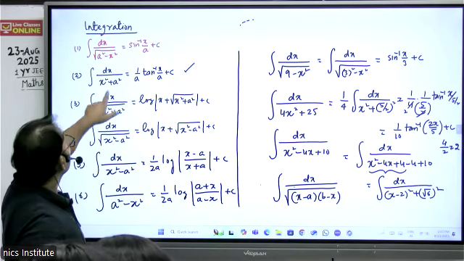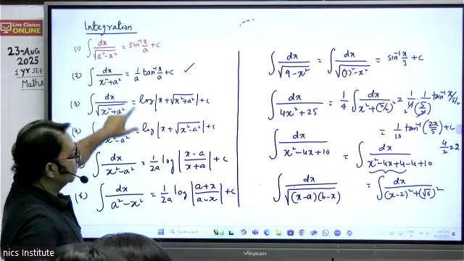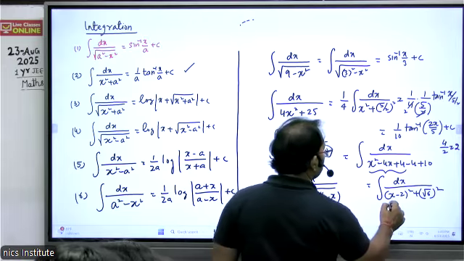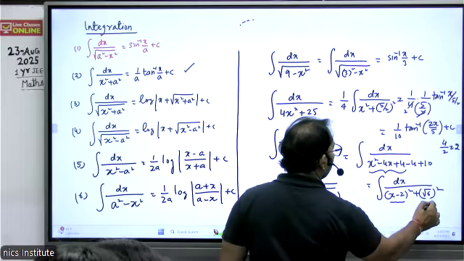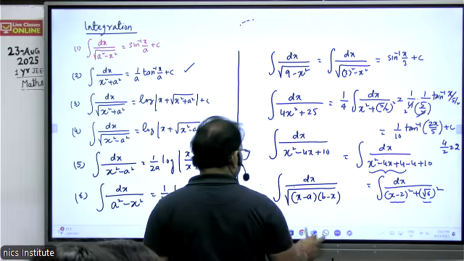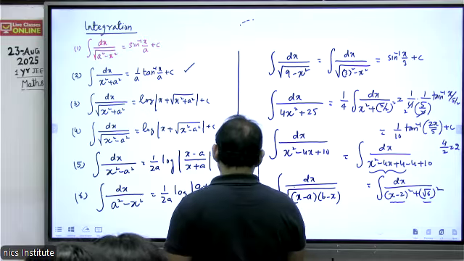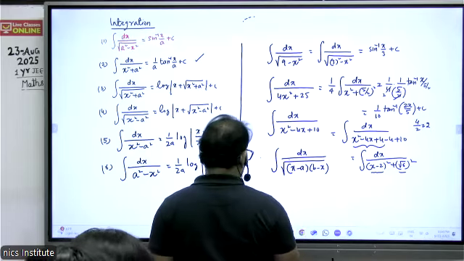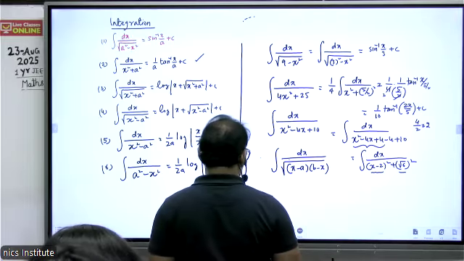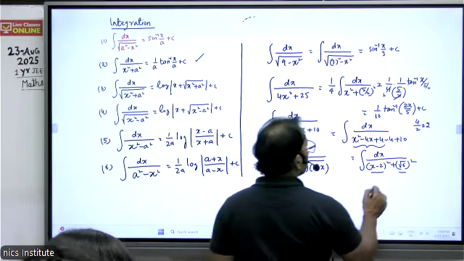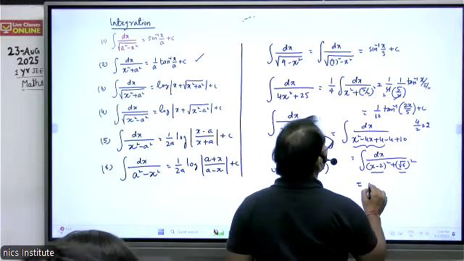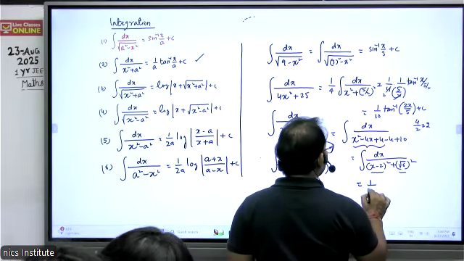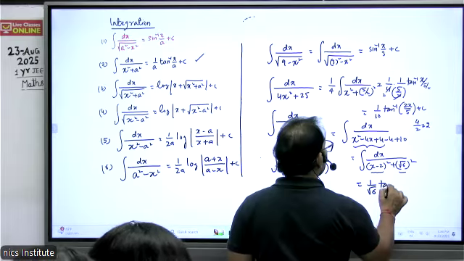Again, it is x square plus a square. The only difference is in place of x, you have x minus 2. In place of a, you have root 6. So what is the answer? Answer would be 1 by a, which is 1 by root 6, tan inverse.